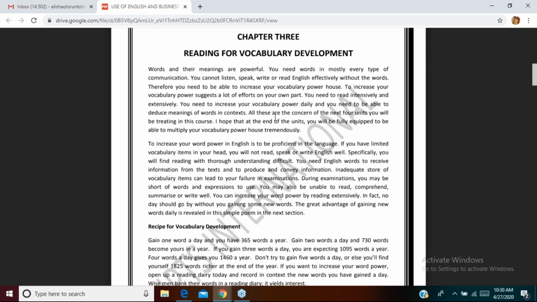As simple as some of this is, it is important to our vocabulary development.